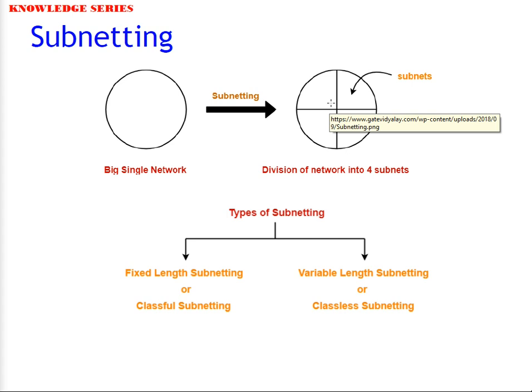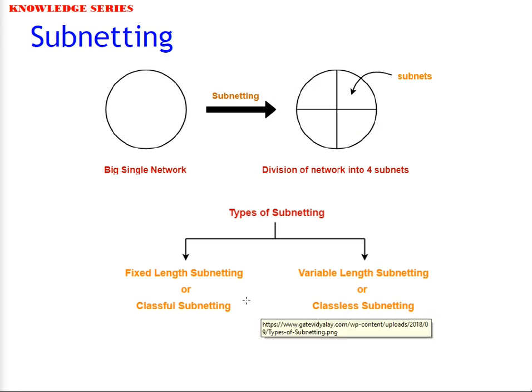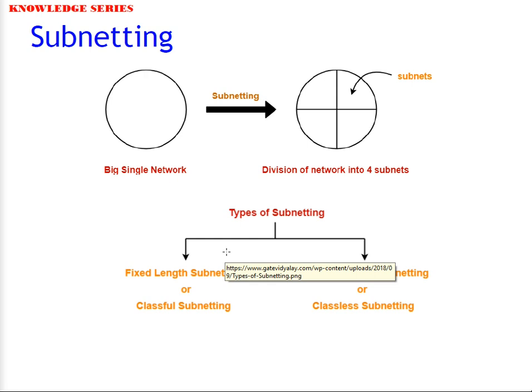The number of bits borrowed depends upon the subnetting creation. There are 2 types of subnetting. One is fixed length subnetting, another is variable length subnetting. Fixed length means it is classful. Because we define in this scenario which bits are going to be used for the class.